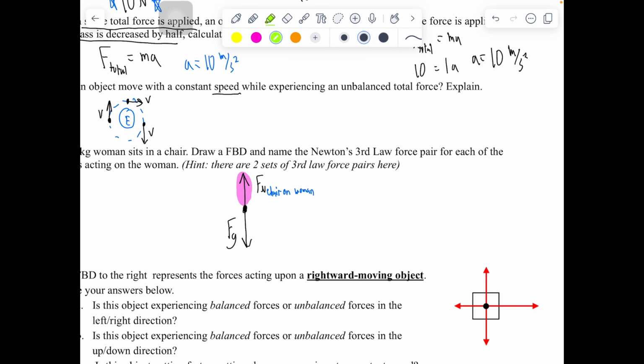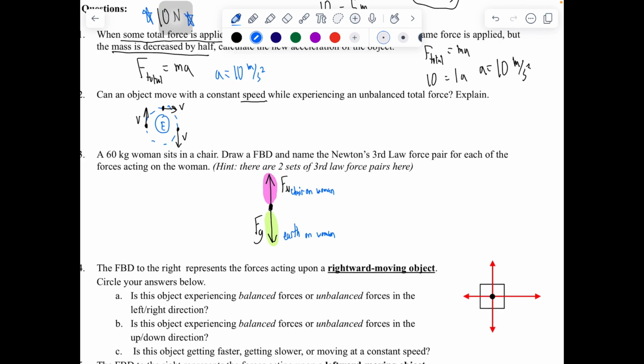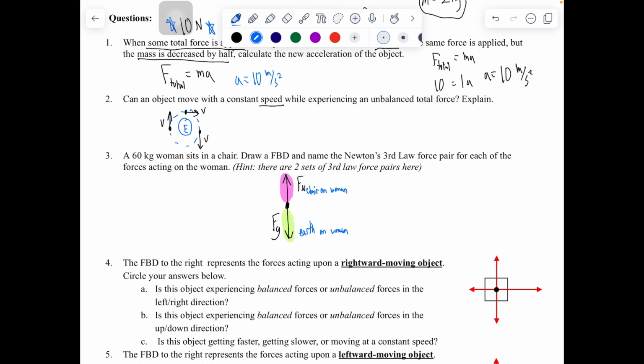If we look at this force of gravity, this is really the Earth acting on the woman. The paired force would be the woman pulling on the Earth with her own force of gravity. Alright, excellent.